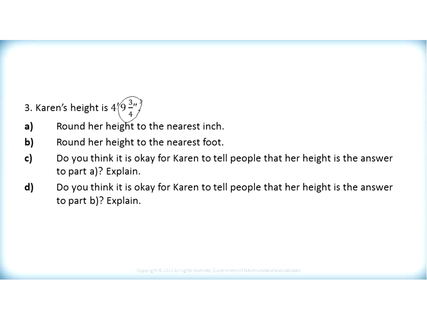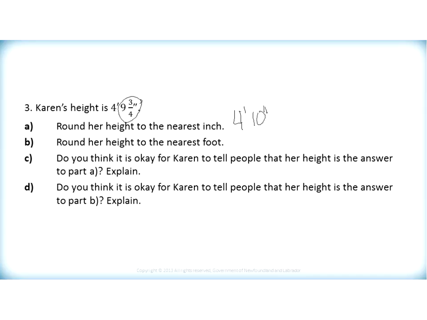If we were to round her height to the nearest inch, would 9 3/4 round up to 10 inches, or would it stay at 9 inches? Well, 3/4 is larger than a half, so we're going to get 4 feet and 10 inches. We're rounding up because 3/4 of an inch is larger than 1/2 inch.